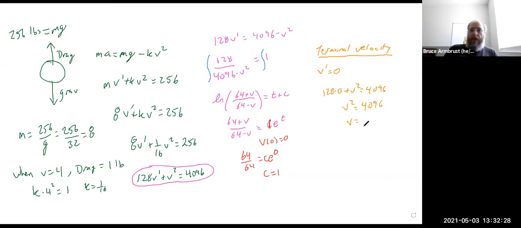So what is that? 64. So as we get closer to infinity, our velocity is going to get closer and closer to 64.